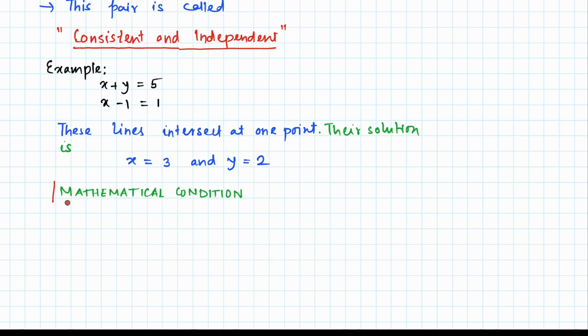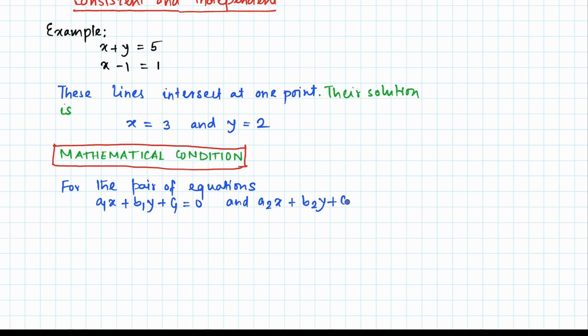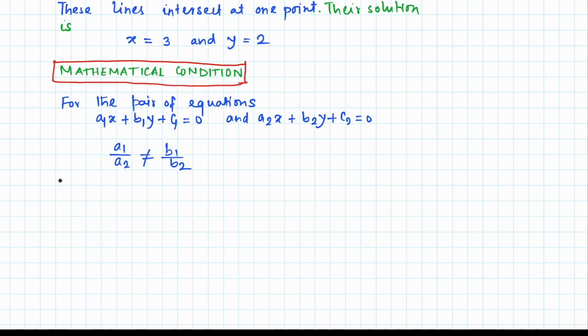Now let's check the mathematical condition for case 1, when the two lines intersect with each other. For the pair of equations a1x plus b1y plus c1 equal to 0 and a2x plus b2y plus c2 equal to 0, we have a1 by a2 is not equal to b1 by b2. So these two ratios should not be equal.